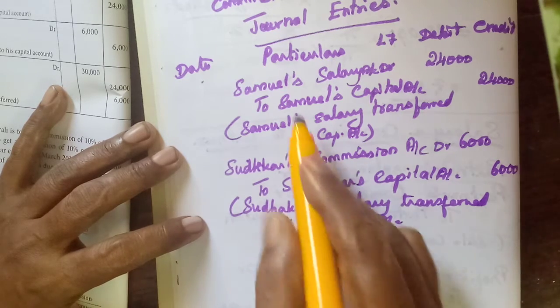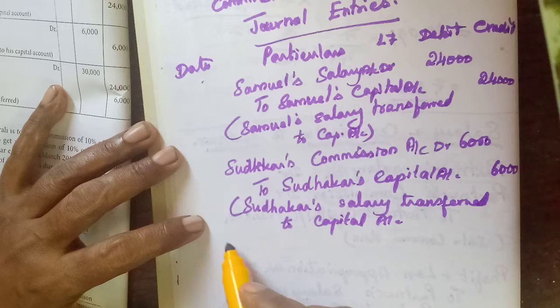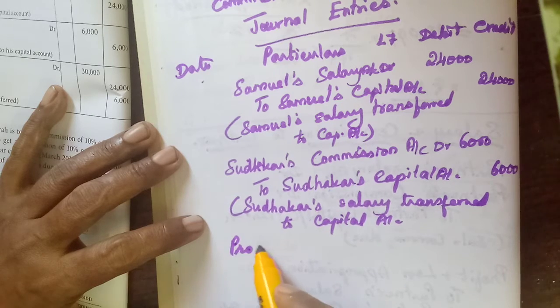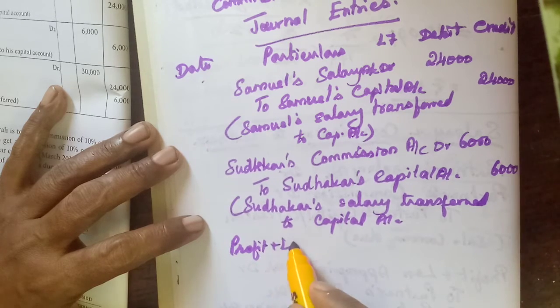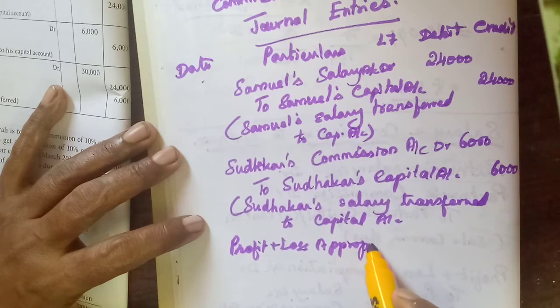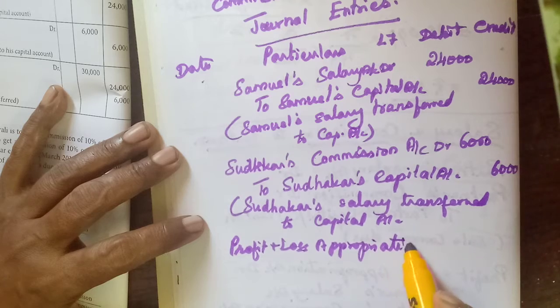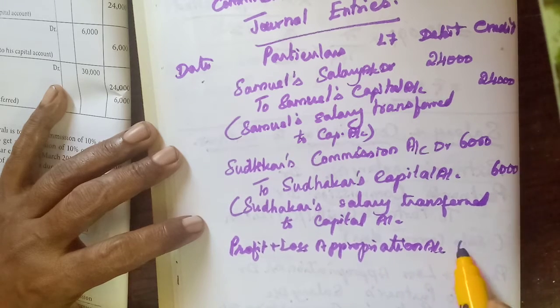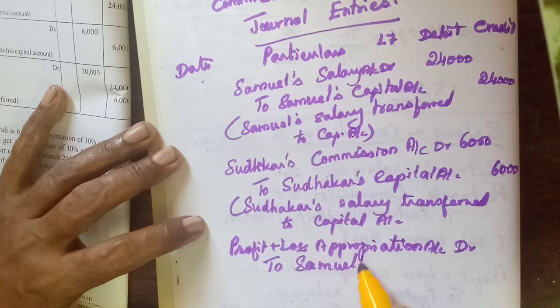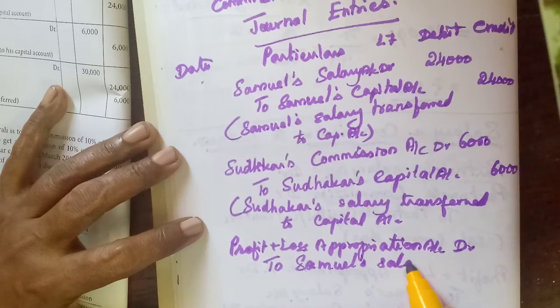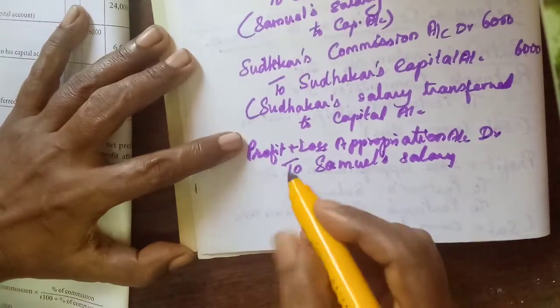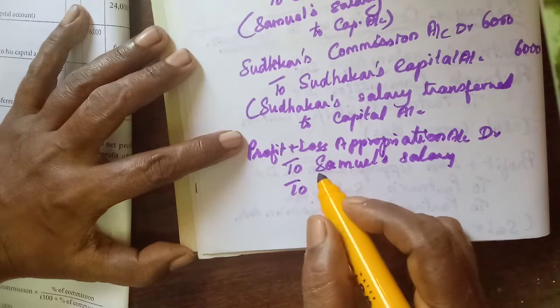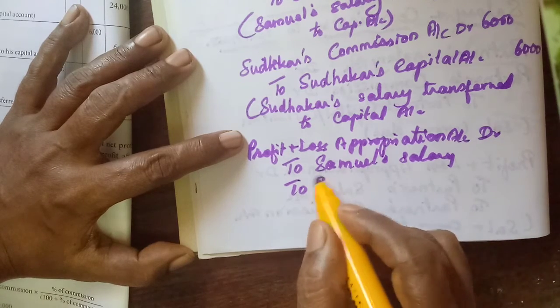Now these two must be transferred to profit and loss appropriation account. So profit and loss appropriation account debtor to Samuel's salary, to Sudhakar's commission.